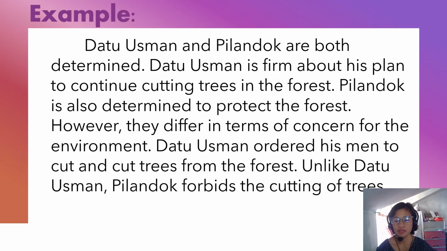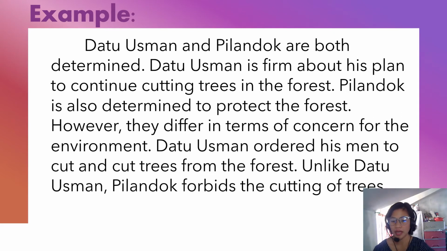So here in this text structure, I discussed the similarities of Datu Usman and Pilandok, that they are both determined. Datu Usman is firm and Pilandok is also determined. And the difference between the two is their concern for the environment.